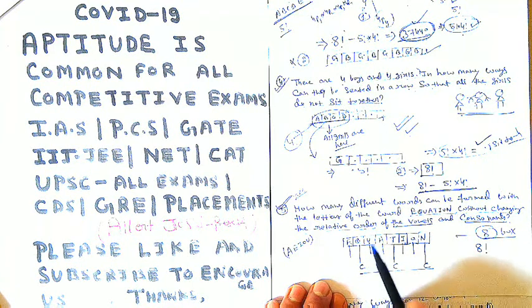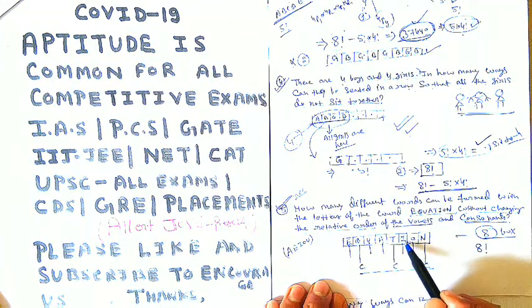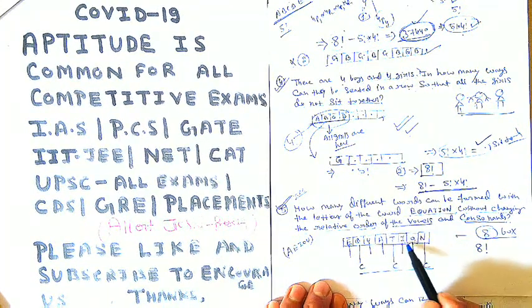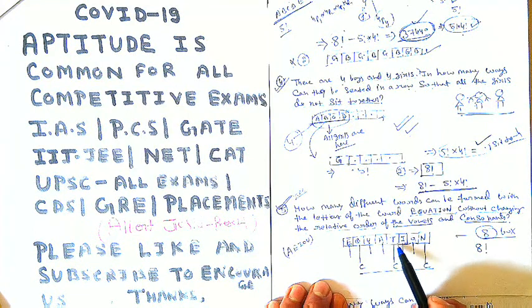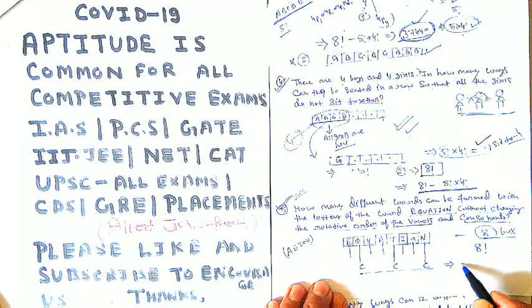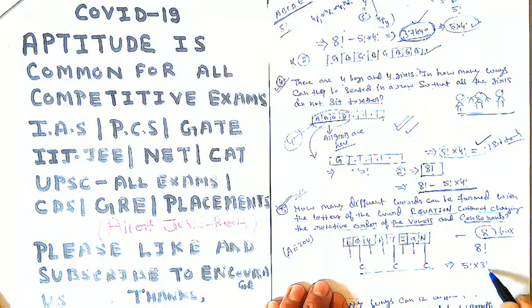In this condition, E, A, I, O, U, these vowels can interchange, and the consonants can interchange. So your answer will be 5 factorial into 3 factorial.